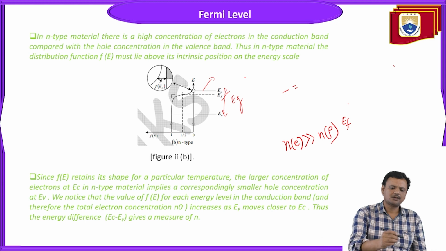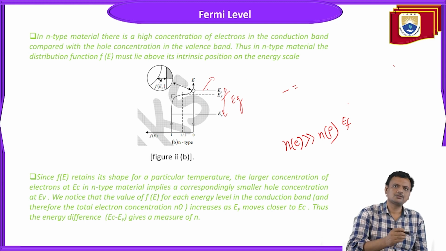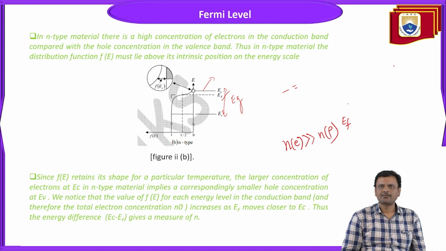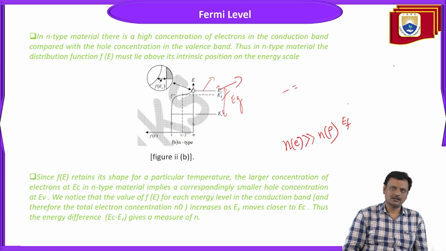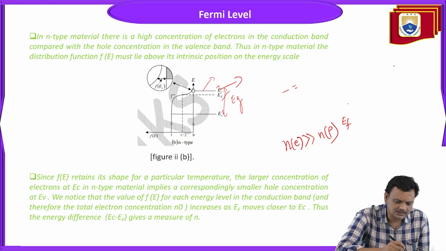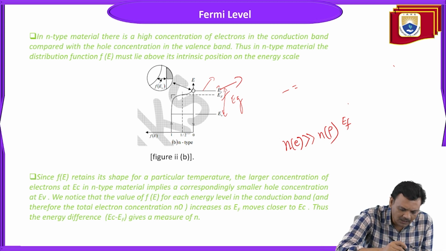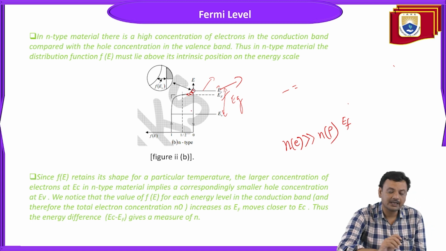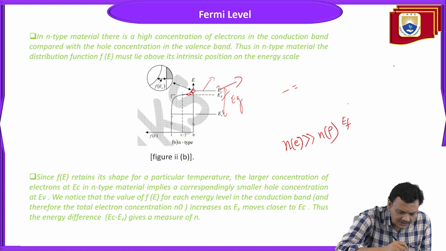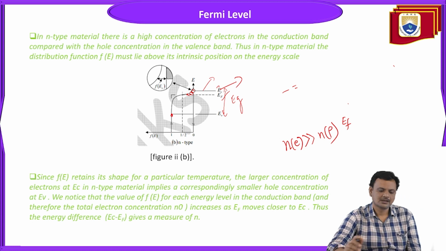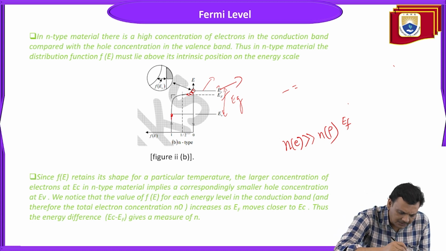Okay, but here, this is your band gap region, EG. This Fermi level is now shifted near to the conduction band edge energy. So what happened? The chance for occurrence of electrons in this region is now increased in comparison to the chance for occurrence of holes here. Okay, here it is completely flat.